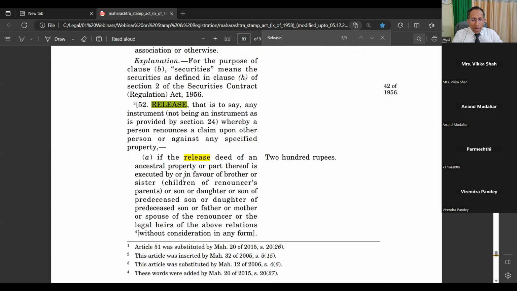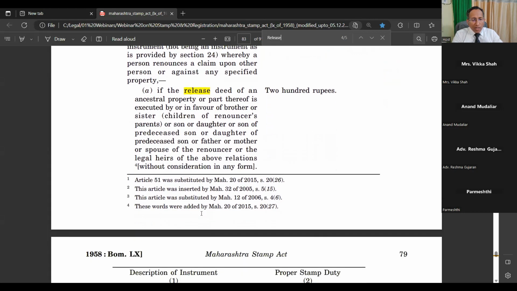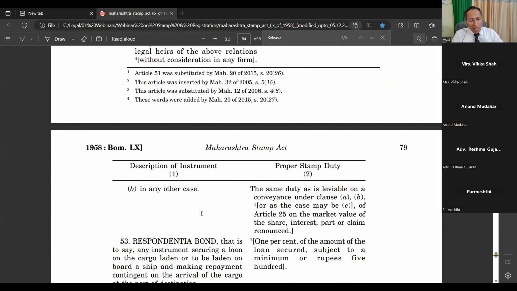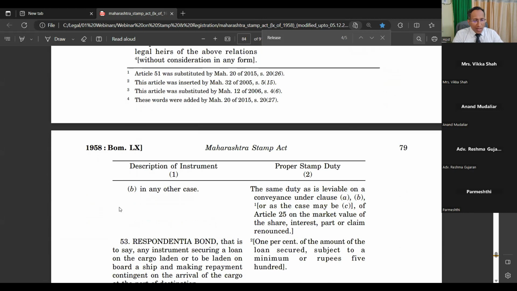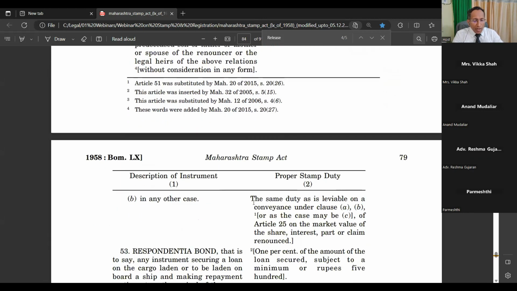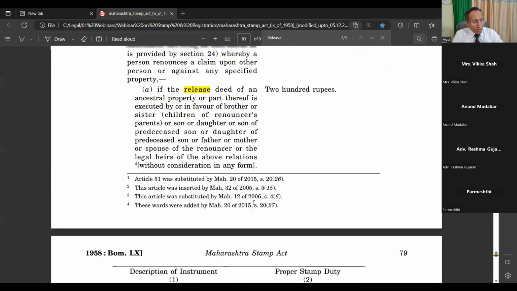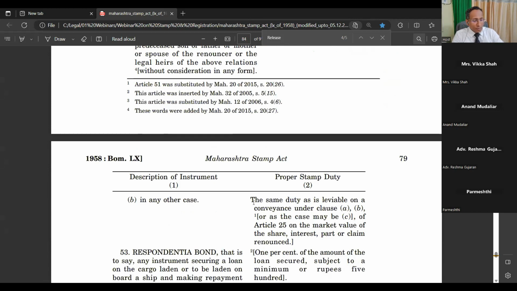If a release deed of an ancestral property or part thereof is executed by or in favor of a brother or sister or son, daughter or legal heir, without consideration in any form, then it is 200 rupees. But in any other case, it will be considered as conveyance transfer.